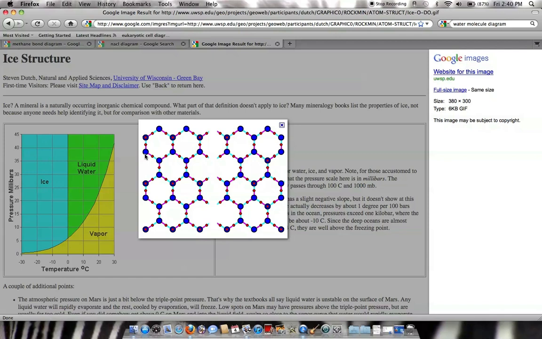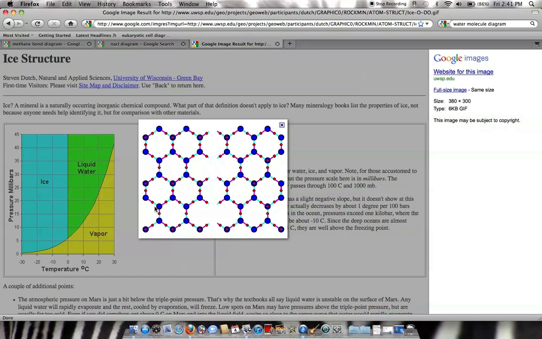What's happening here, I believe what this is trying to show is these two red dots here are hydrogens, and this is an oxygen. And what happens is the positive area on the hydrogen molecule is attracted to the negative area on the oxygen part of the water molecule.